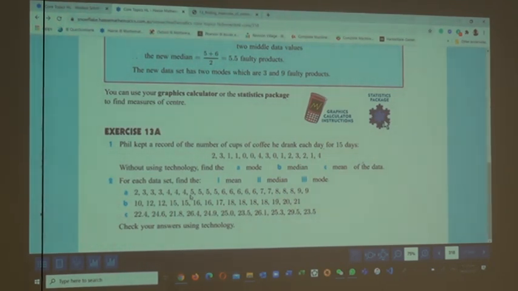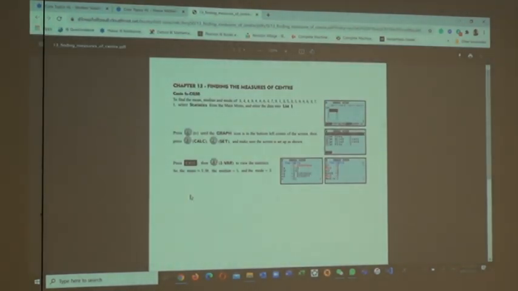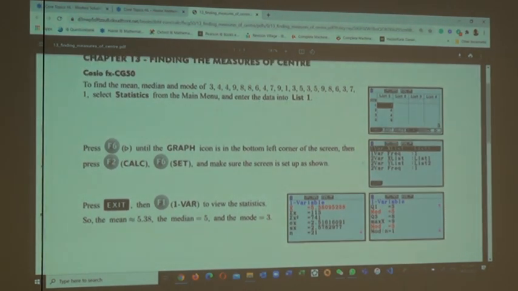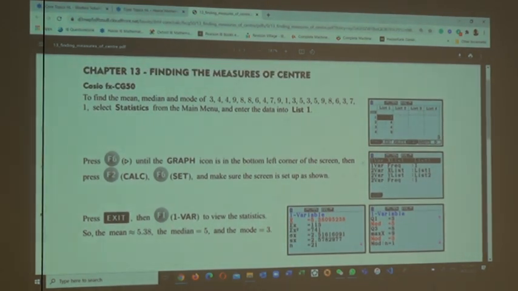Okay, check your paper. Does the first one require a calculator? Yeah, one of them requires a calculator, which is number 3. Can you see that? Number 3 in this worksheet. It says use technology. So let's try to use the calculator instructions to calculate the mean of this data.